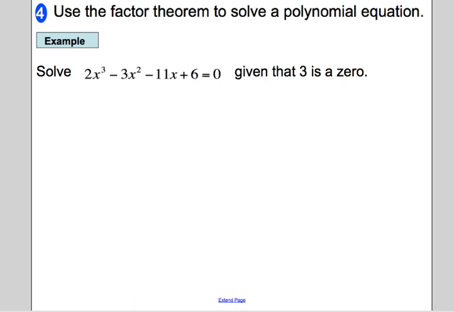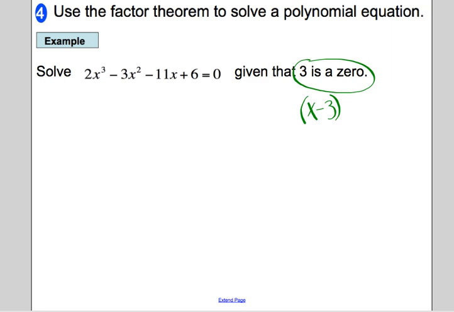Now, let's go ahead and use this factor theorem to actually solve an equation. So how can synthetic division help us solve an equation? Now, I don't have a division question to start, but notice that I know that 3 is a 0. If 3 is a solution to this equation, then I know that x minus 3, the opposite of that, would have been one of its factors.